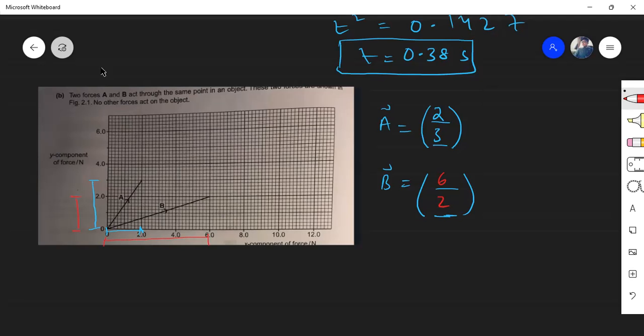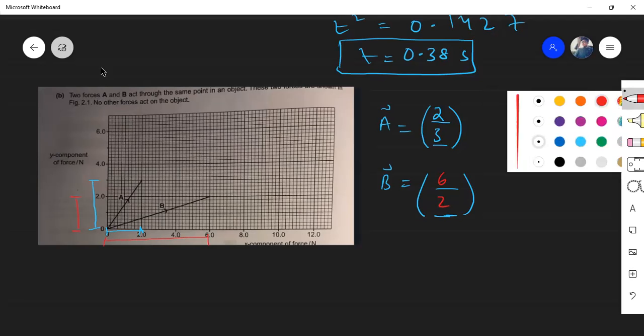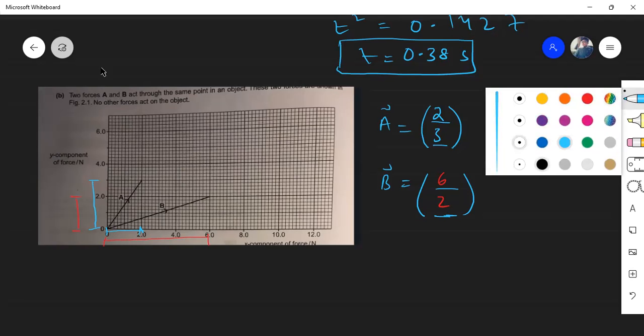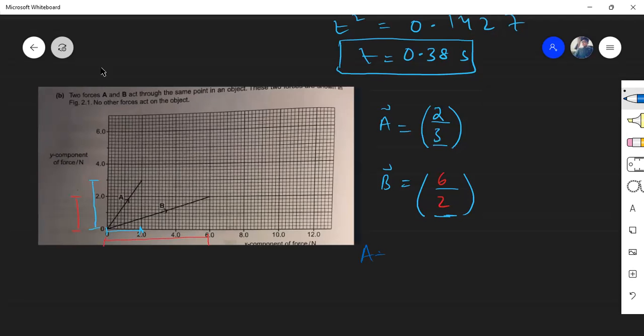Are you good with this working? Okay, so let's now find the resultant force A plus B. We'll just simply add these column vectors, 2 plus 6, 3 plus 2. This comes out to be 8, 5. So this is A plus B.